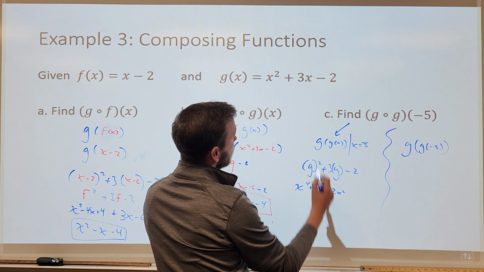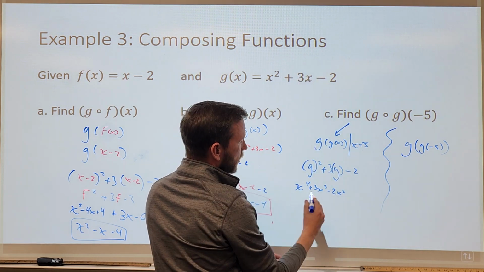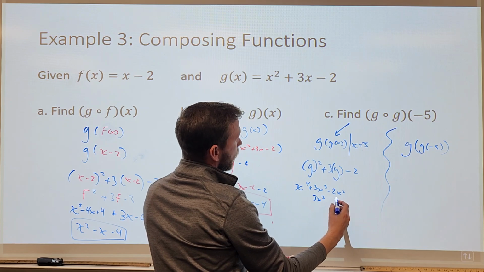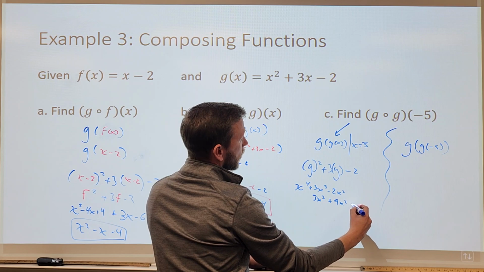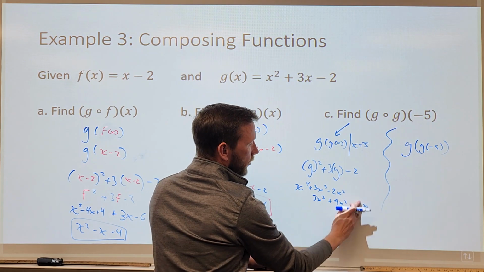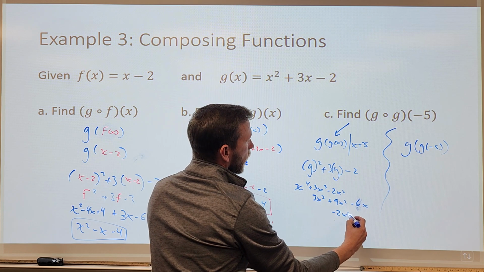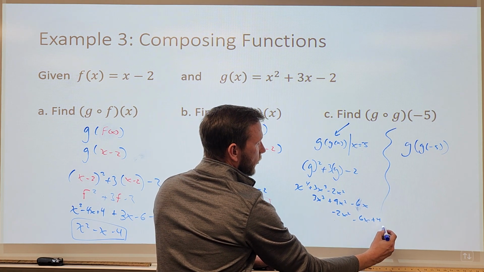Now I have to do this times each of these. I'm going to get 3x cubed again. I'm going to get 3x times 3x, which is 9x squareds, and 3x times negative 2, negative 6x, and then negative 2 times each of these. I'm going to get negative 2x squared, negative 6x's, and a positive 4.